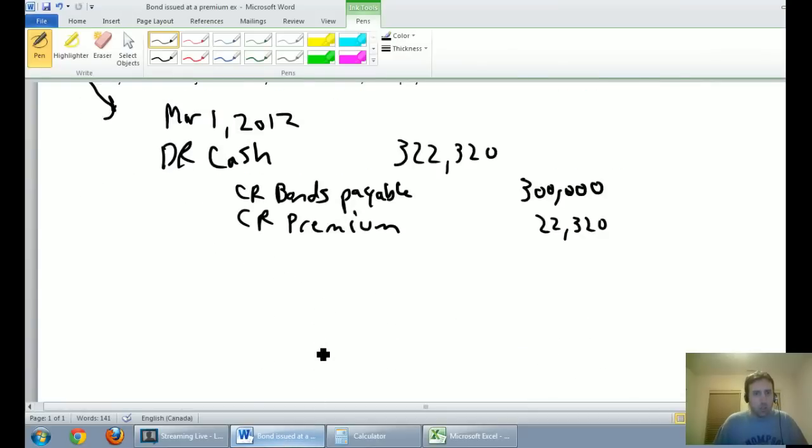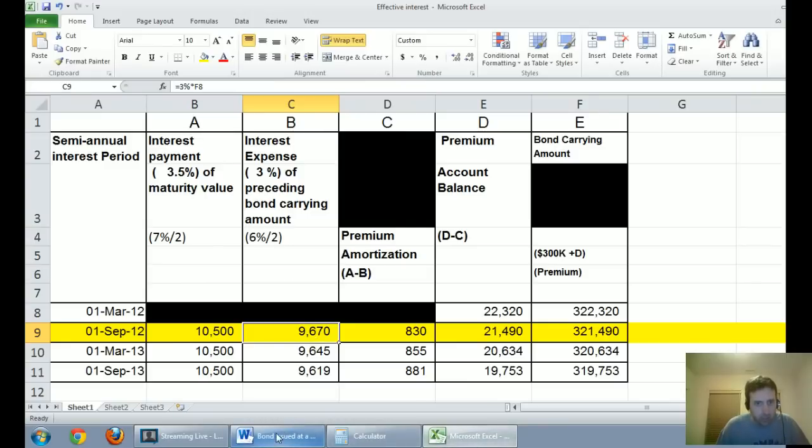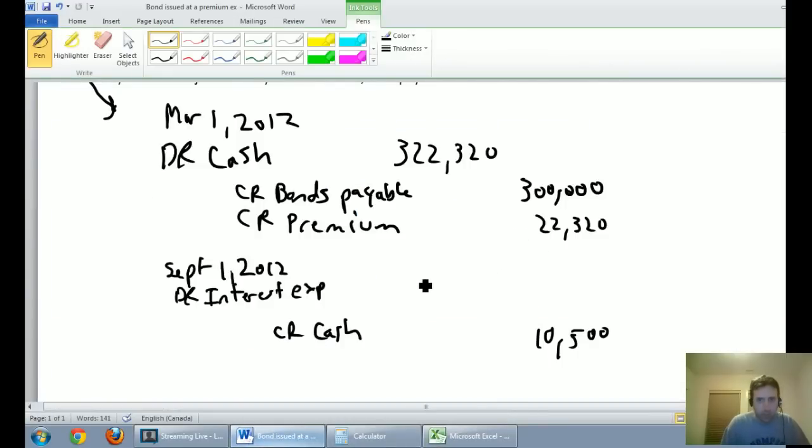So September 1st, 2012. I'm going to credit cash for 10,500. I am going to debit interest expense for the amount it tells me to, 96.70. That's the reason we do the table.